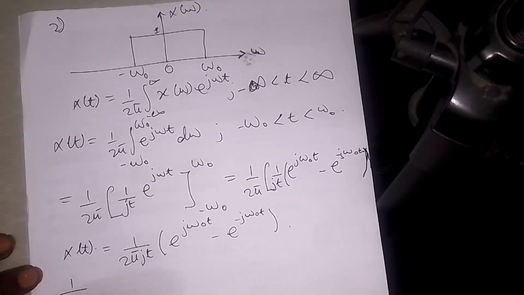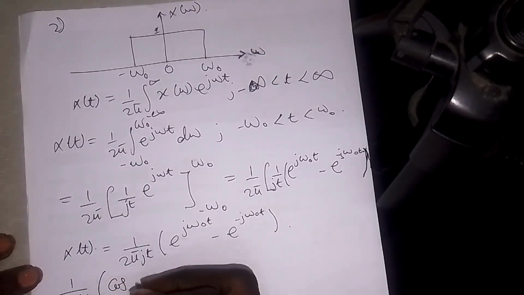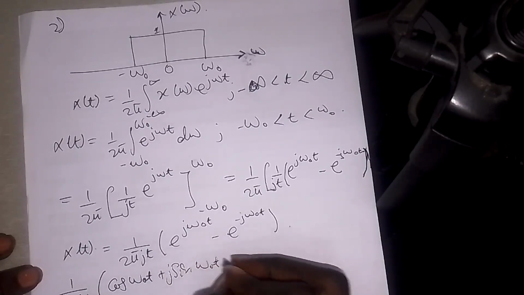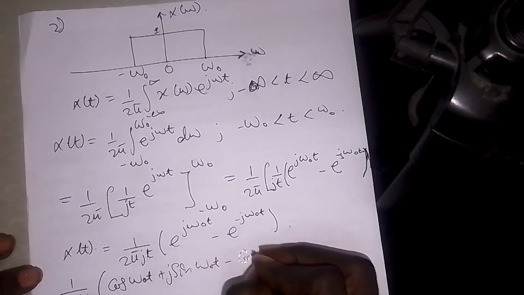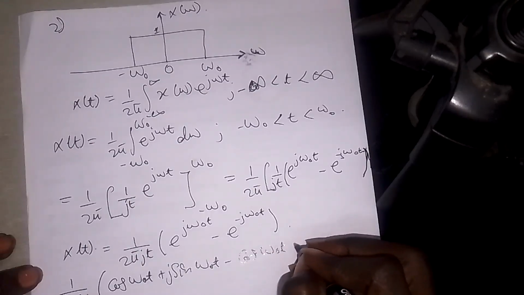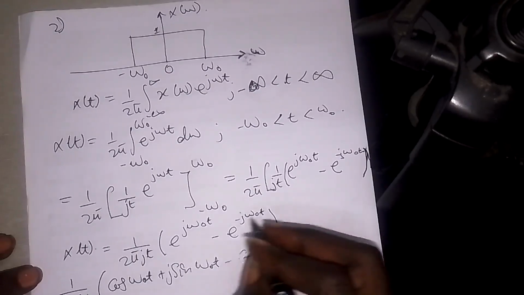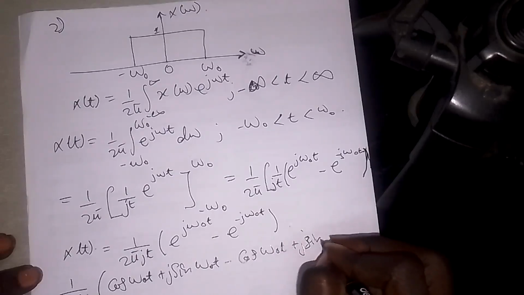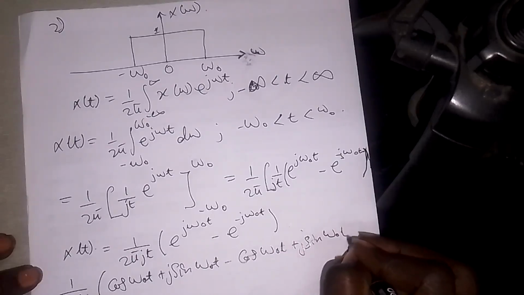So I'll have 1 over 2 pi jt into cos omega naught t plus j sine omega naught t, minus cos omega naught t, and it will be minus, so it will be plus, plus j sine omega naught t.